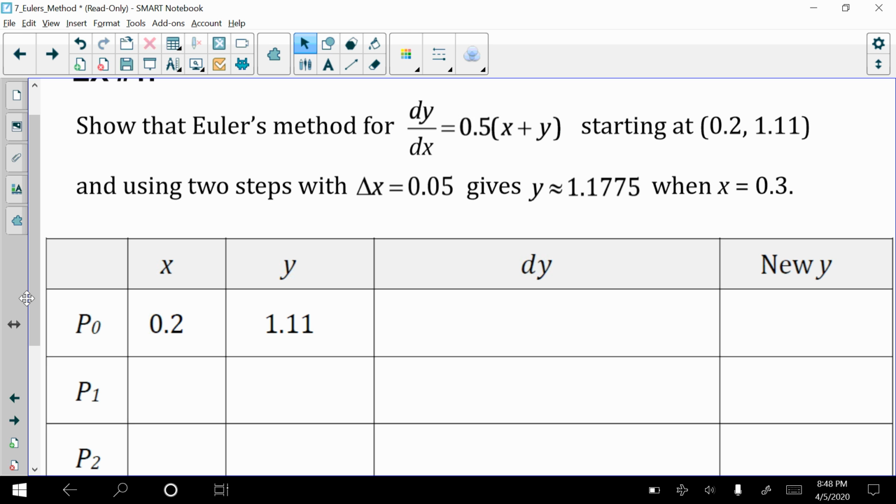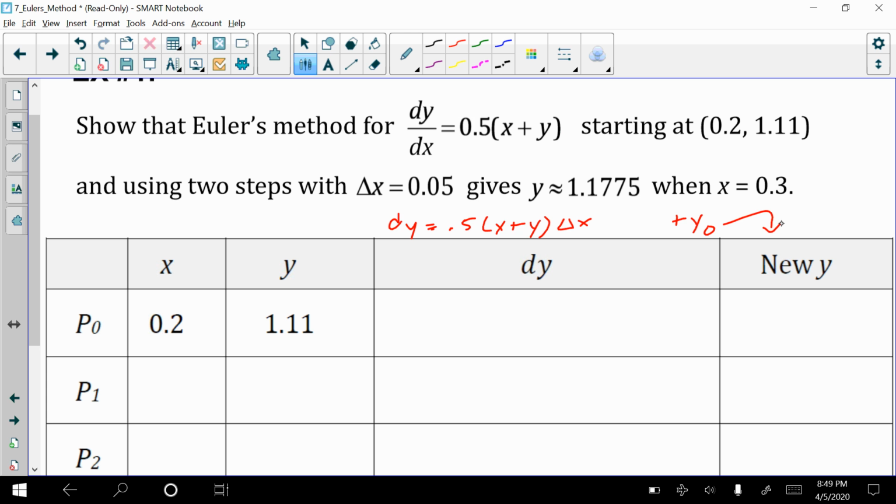This is where a majority of the work comes from. dy is going to be found by taking the expression for the differential equation, which in this case is 0.5 times the sum of x plus y, and multiplying it by delta x. Then we take that and add the previous y value to get the new y value.